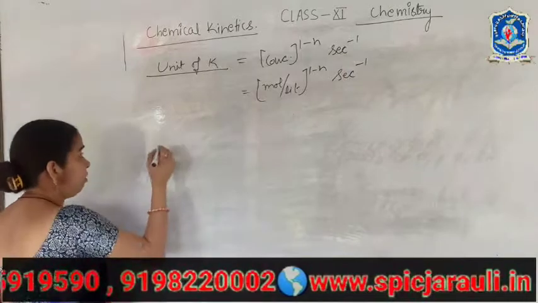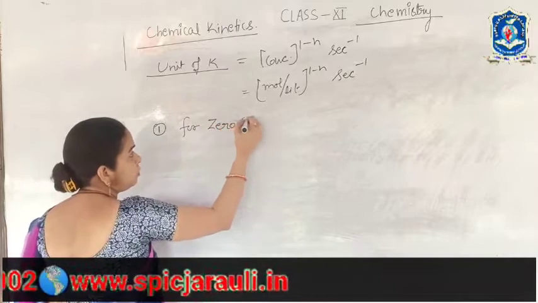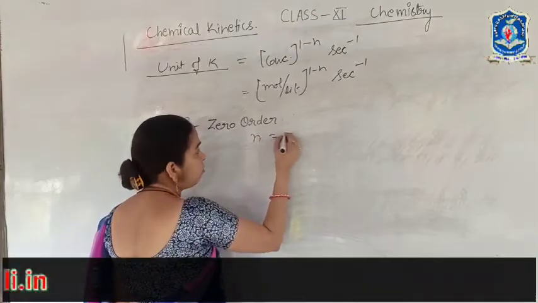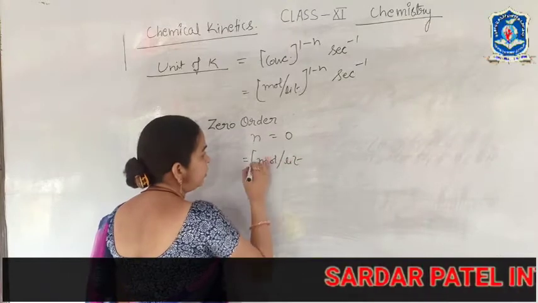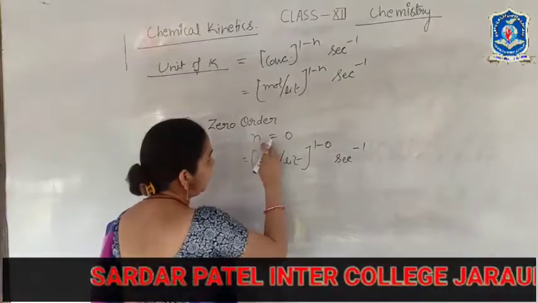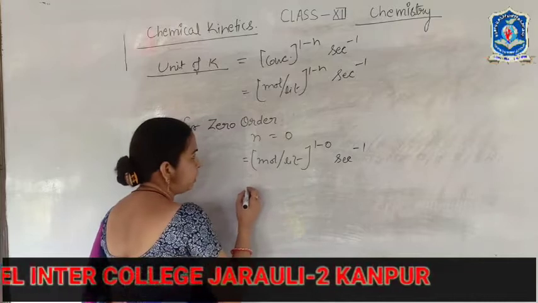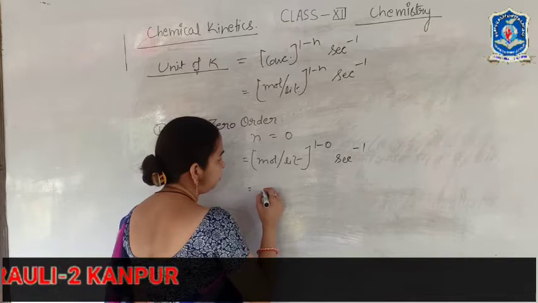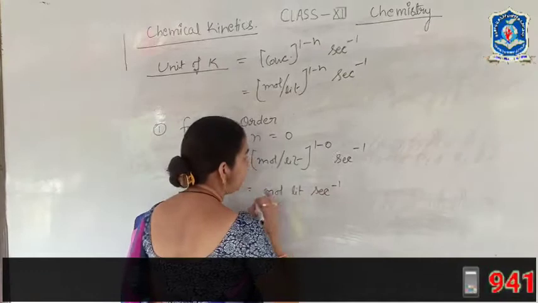We can apply this first for zero order. For zero order reaction, n equal to 0, substitute n equal to 0: the unit is mole per liter second inverse.